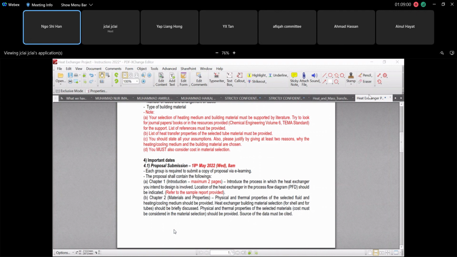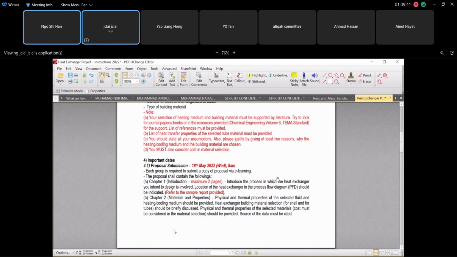Another thing is because we need to search for a real industrial process, I mean the PFD. If the PFD is very large, we just need to cut out the part that includes the heat exchanger. Actually, in your proposal, you need to show the whole PFD, but highlight the heat exchanger you want to design. You paste the whole PFD, but circle that heat exchanger, or say this is the heat exchanger we want to design.